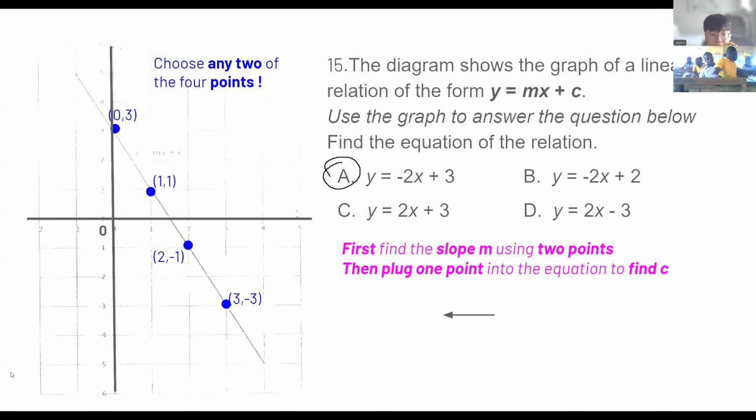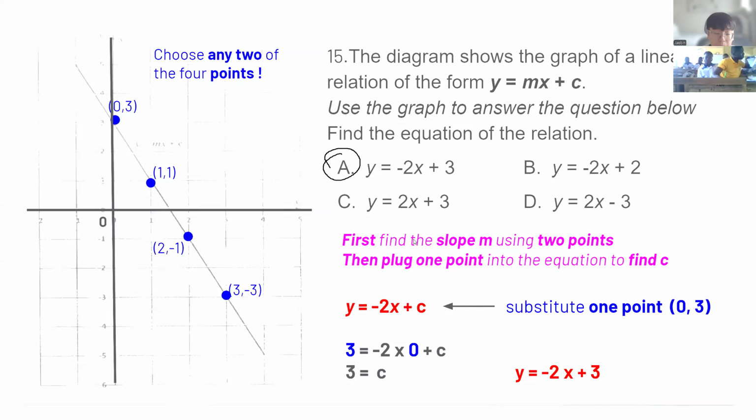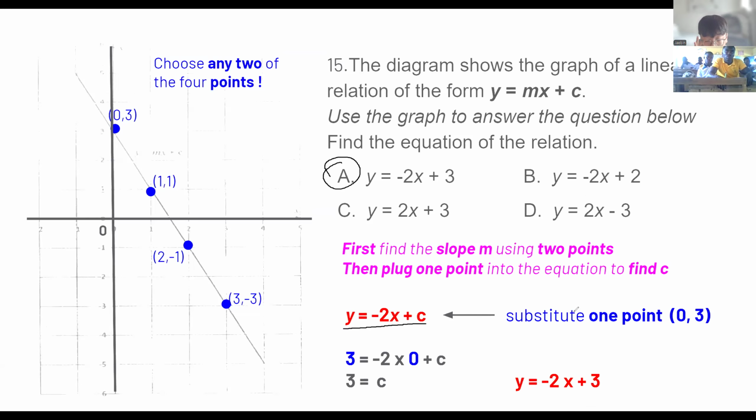It's the same slope of -2. So m is equal to -2. We can find the equation by plugging in one point, right? So we plug in one point into y is equal to -2x plus c, because we know that m is equal to -2, right?